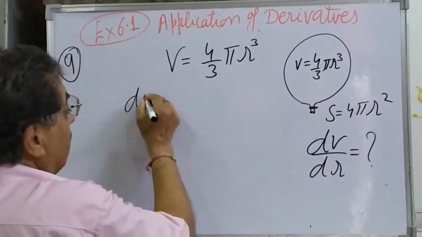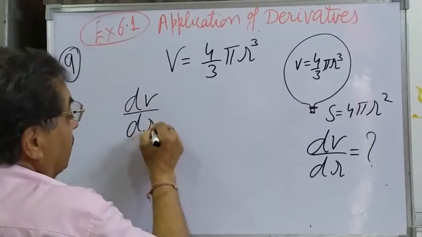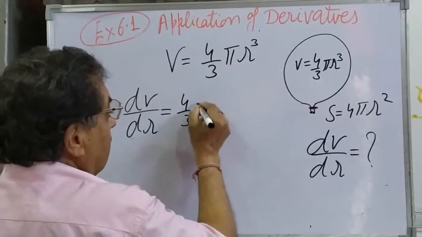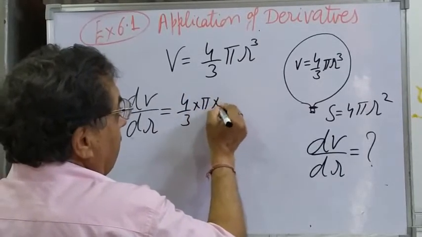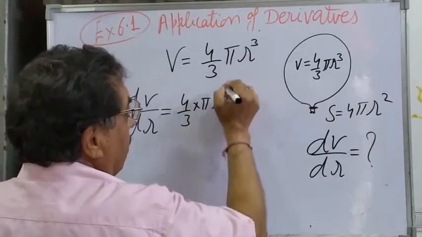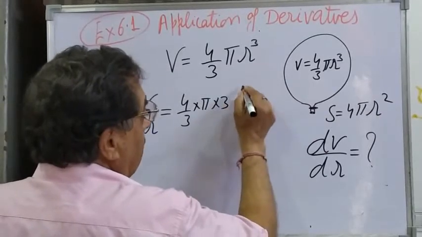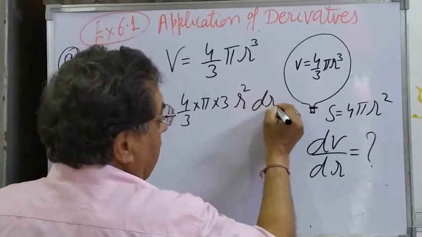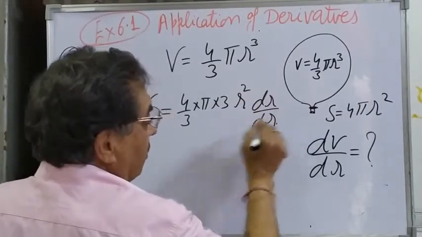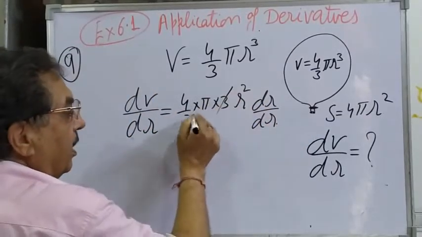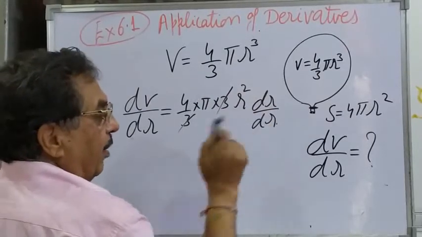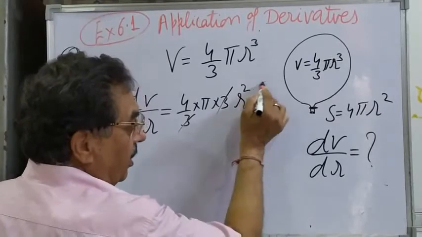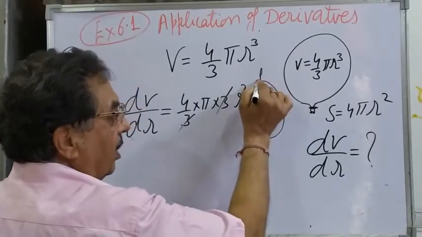So on differentiation, dv by dr with respect to radius, we get 4 by 3 into pi into 3, this 3 comes out, into r square into dr by dr. This 3 gets cancelled. dr by dr, the rate of change of radius with respect to radius, would be 1.